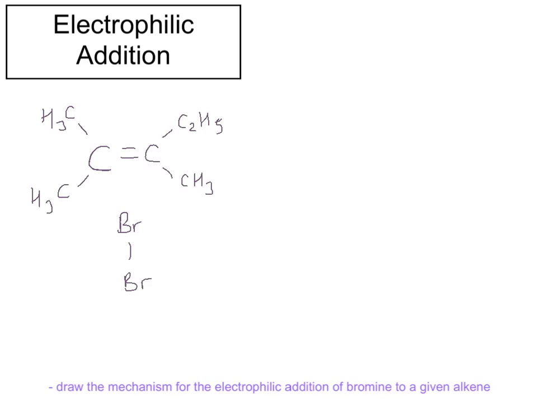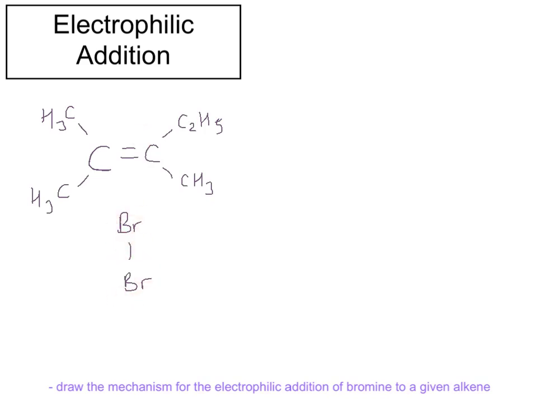Now bromine is slightly different to the others, in that it doesn't have a dipole, because the two bromines are the same element, and so there is no permanent dipole formed here. So you may ask, how does this react to this double bond? Because there's nothing for this double bond to be attracted to make the first move. The answer to that lies in the idea that when this Br2 approaches this double bond, the double bond will push electrons away from this top bromine towards the bottom bromine.